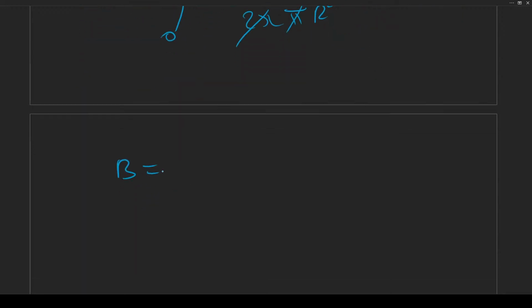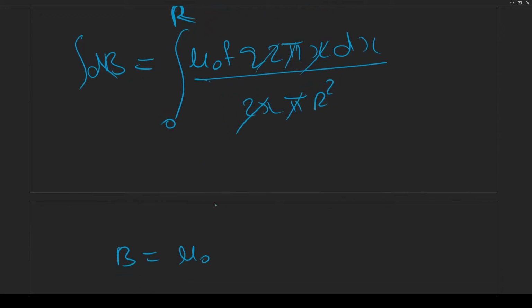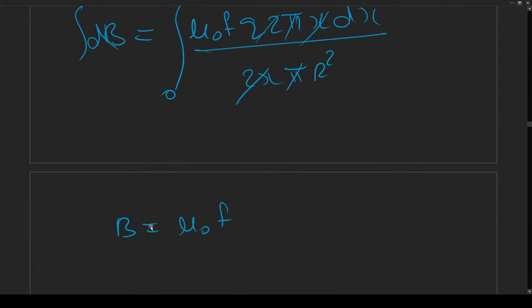So we will have mu naught f q by r square, integral of dx from 0 to r.